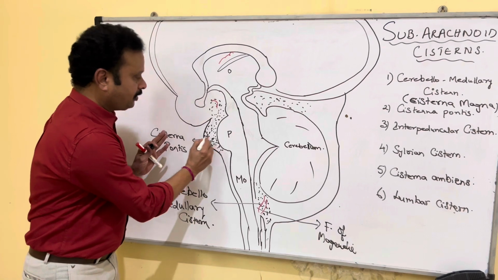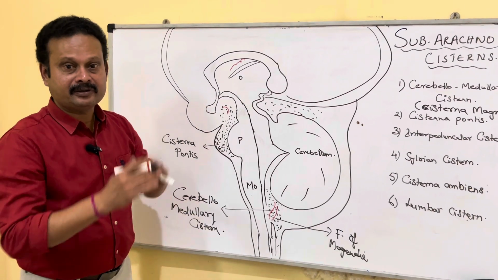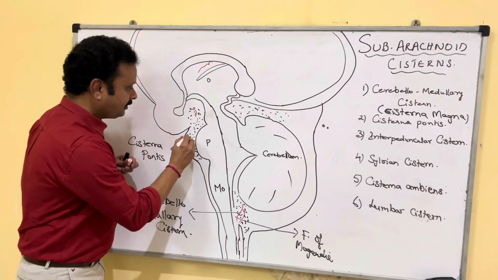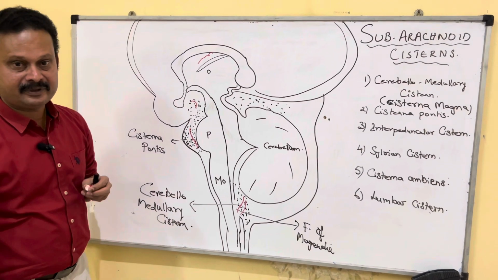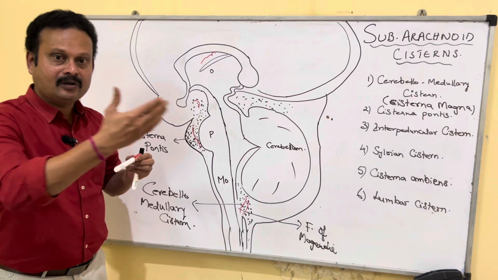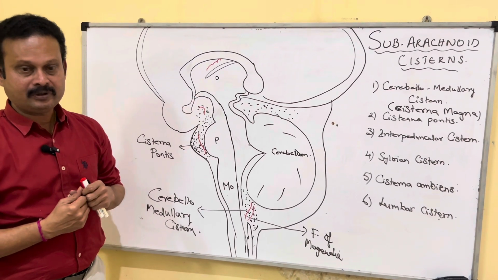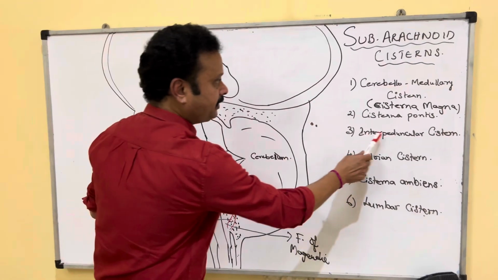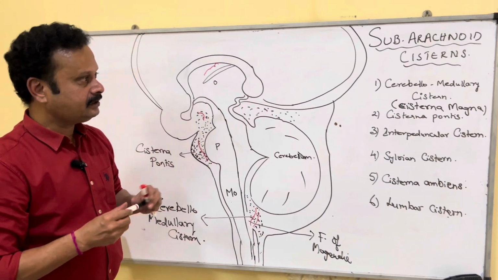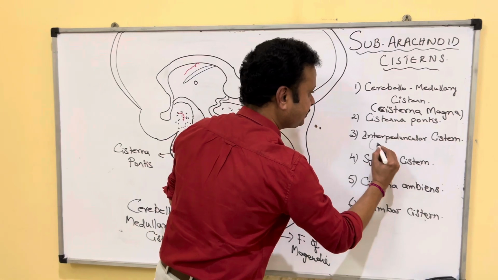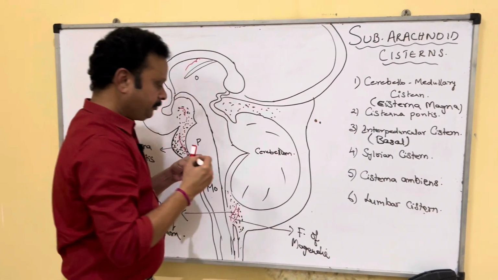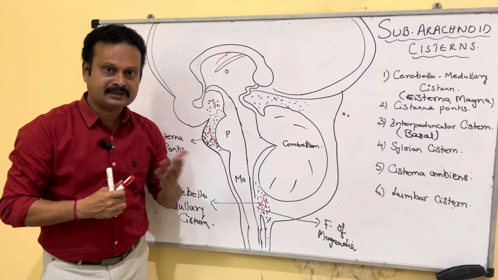You see the dilatation of the subarachnoid space resulting in the pontine cistern, and this cistern contains the basilar artery. It is located over the clivus of the occipital bone. Next one is the interpeduncular cistern, which is also called the basal cistern.